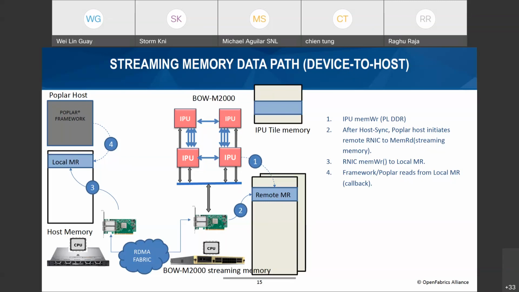When that is informed, either the host can poll a certain IPU register, or an interrupt is notified to the host. Then the host initiates an RDMA read to retrieve data back to the local MR. And when the send completion comes back, we push the data back to the Poplar framework.